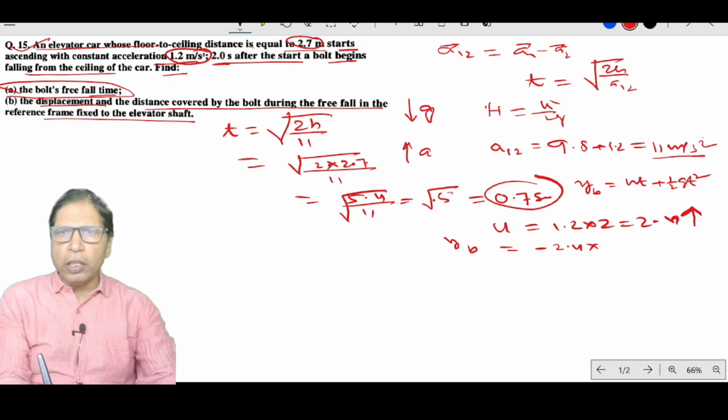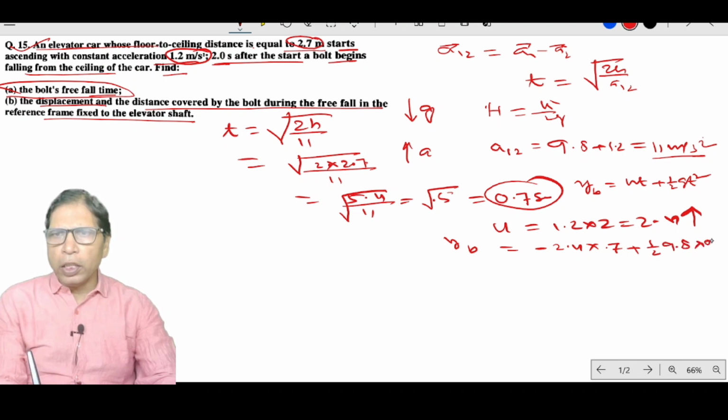T means 0.7 second, 0.7 plus half g, g is 9.8, into 0.7 whole square. So if you take 0.7 common, this is minus 2.4 plus 4.9 into 0.7.